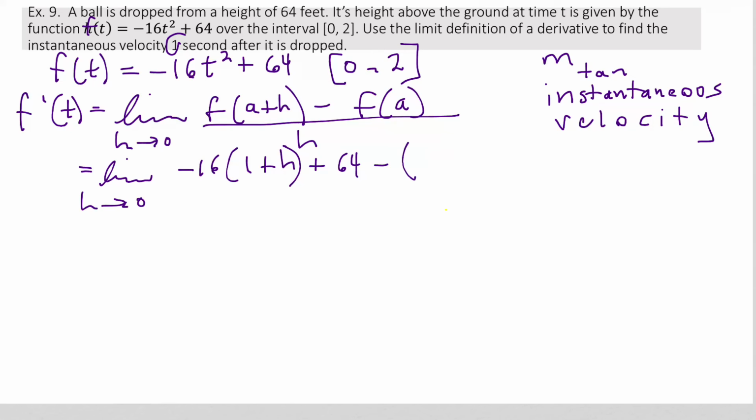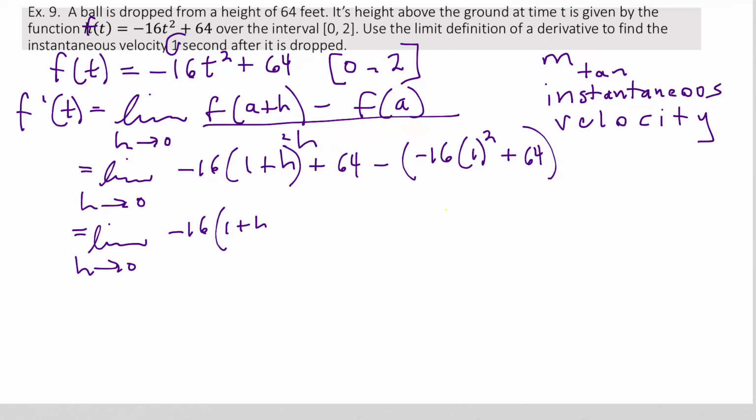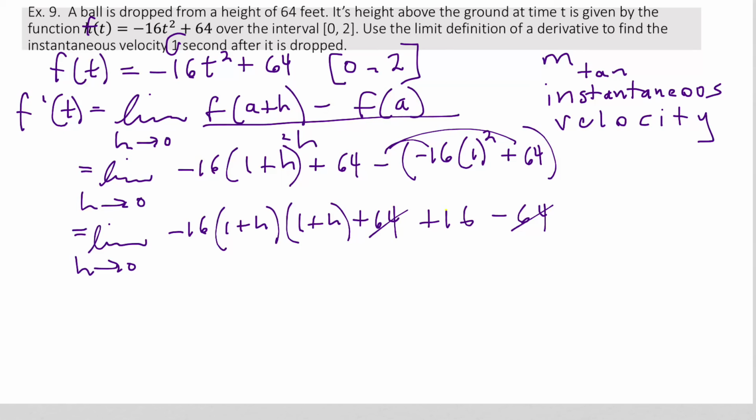So that would be minus 16 times 1 squared plus 64. Alright, so that's the limit as h approaches 0 of, we need a square here, minus 16 times (1 plus h) squared plus 64. Alright, so that would be plus 16 minus 64. So we can just go ahead and cancel those.